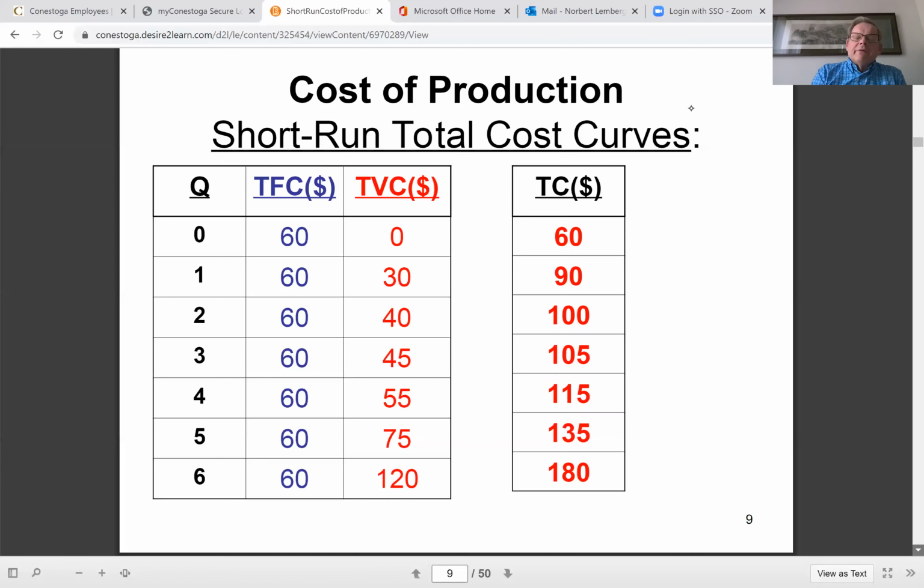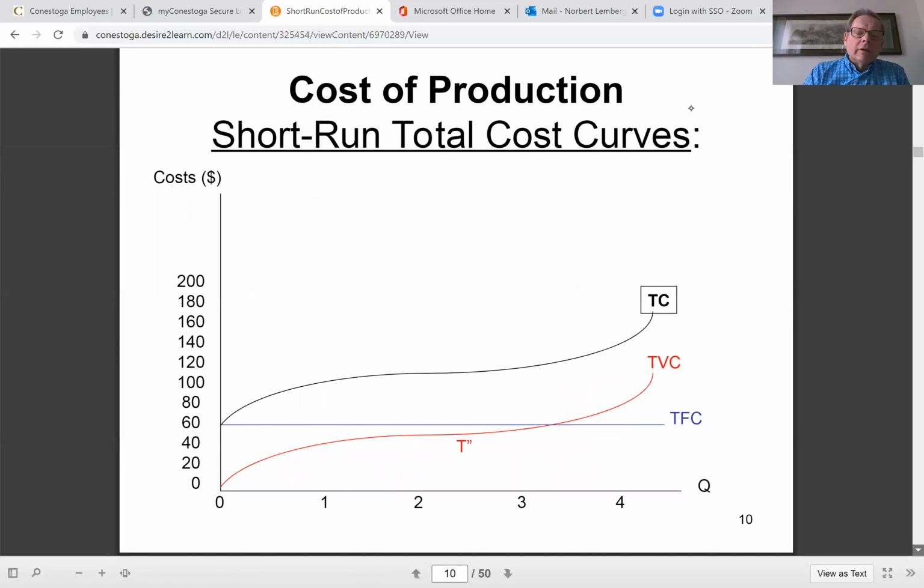We're going to graph this data now. Your total fixed cost, total variable cost, and your total costs. And your graphs are going to look like this. Your total fixed cost curve is a parallel line to the x-axis at $60 above the x-axis, or the quantity axis. Here is your total variable costs.